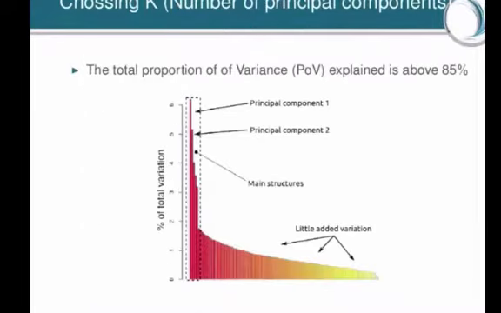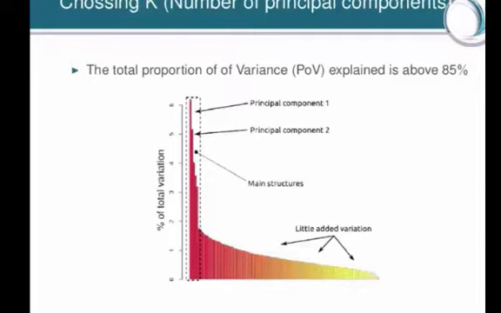In practice, we will probably want to choose by keeping the first p principal components such that the total proportion of explained variance is above 85%.